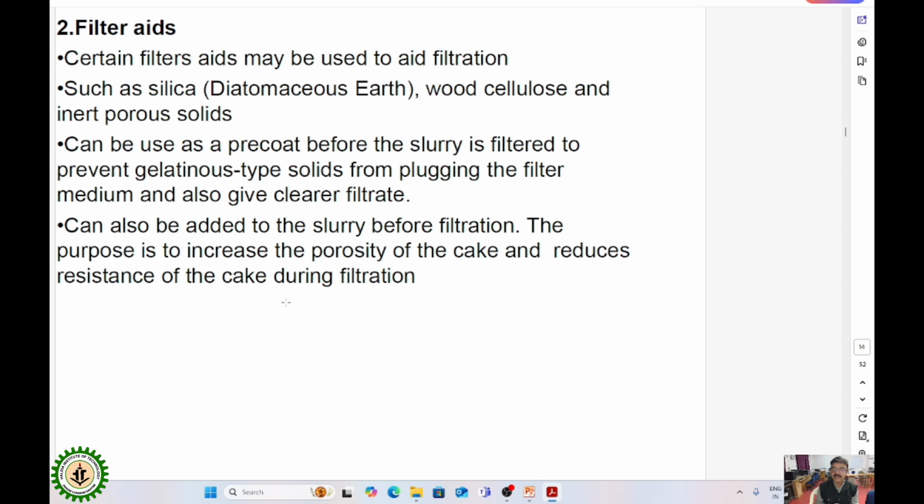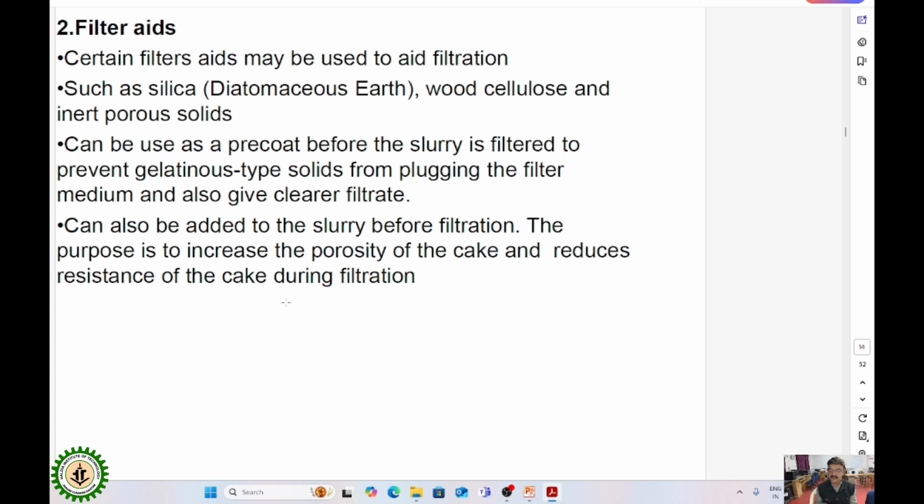The use of filtering aid is different. Actually, there are two methods of using filtering aid. One is to put the filtering aid into the slurry itself, when the main objective of the filtration process is to get the filtrate, not the solid. In that case, the filter aids are directly added into the slurry. What is the function of filter aid?